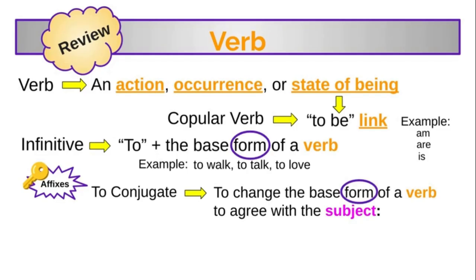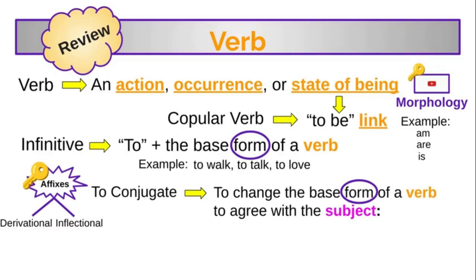Okay. Affixes are morphemes that attach to the verb before or after to modify the base word. It doesn't change the meaning, they just simply modify. Okay. Now, there are two examples of affixes. There are derivational and inflectional.